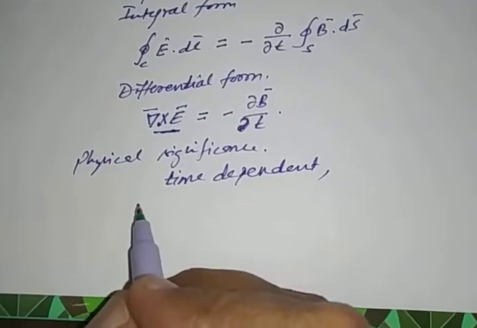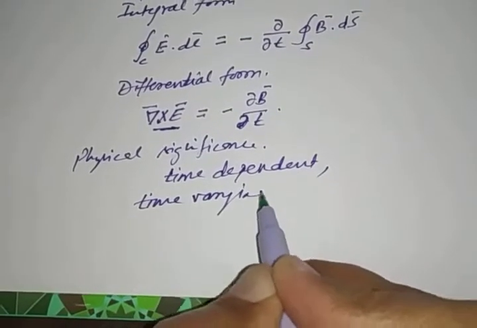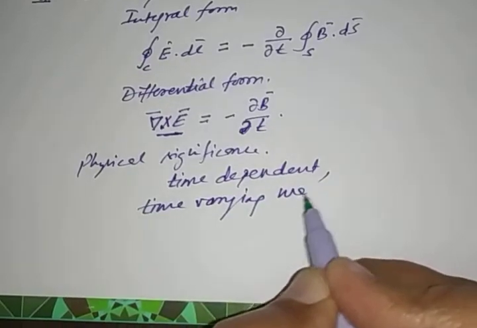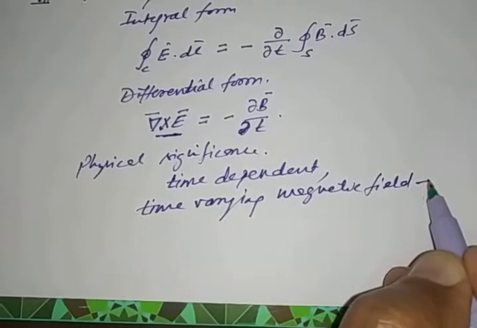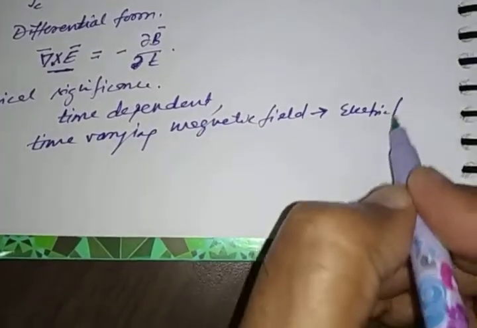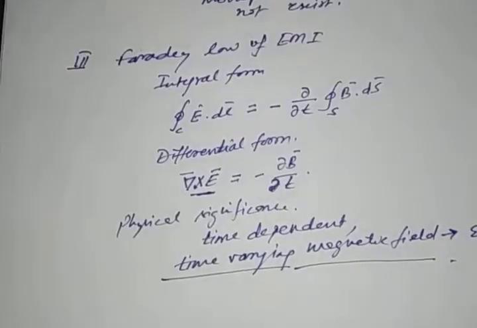It shows that time varying magnetic field produces electric field. So this needs to be understood properly.